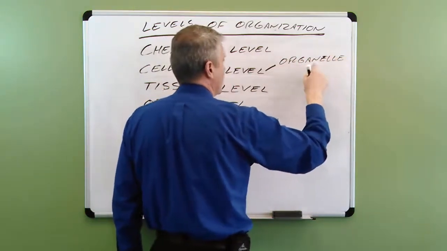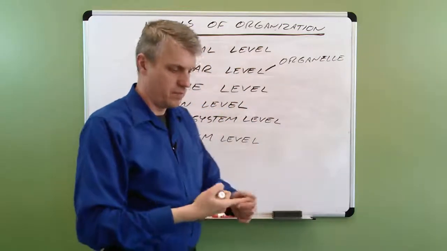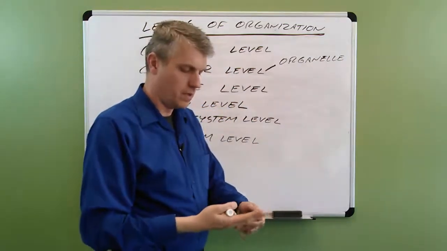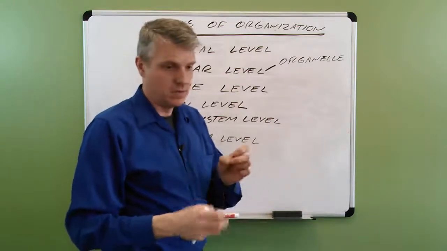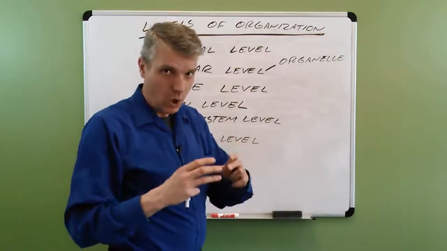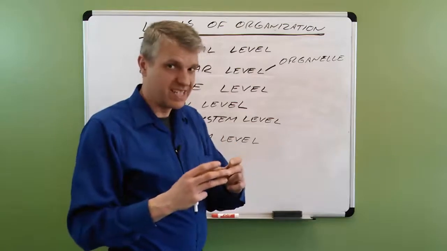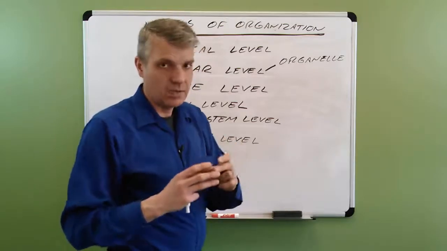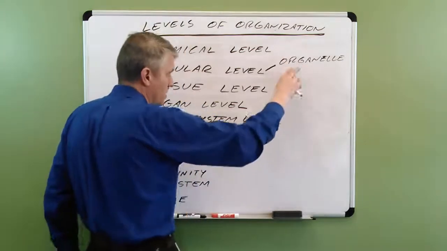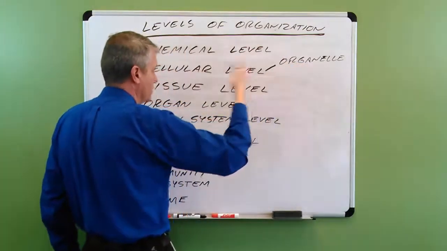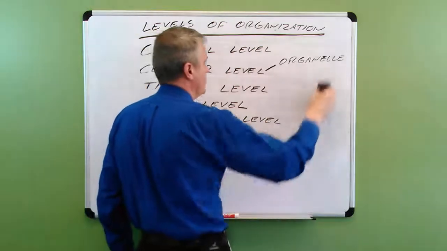And again, organelles, I think I mentioned earlier some examples: mitochondria, Golgi apparatus, smooth endoplasmic reticulum and rough endoplasmic reticulum, lysosomes and peroxisomes, all those little organelles that live inside of a cell and carry out specific functions for that cell. You could consider that the organelle level, which I put inside of the cellular level.